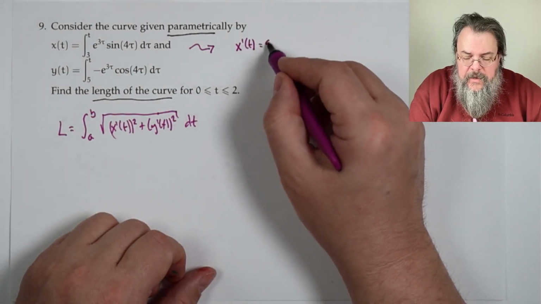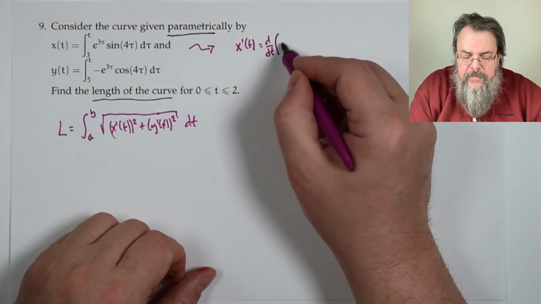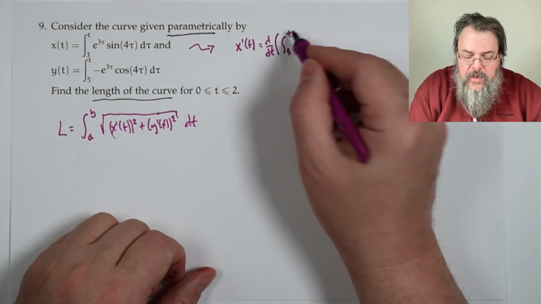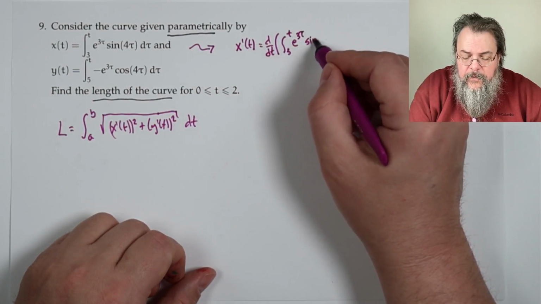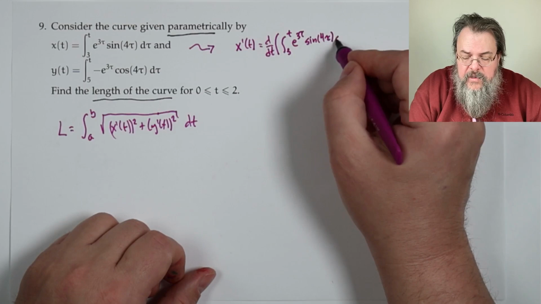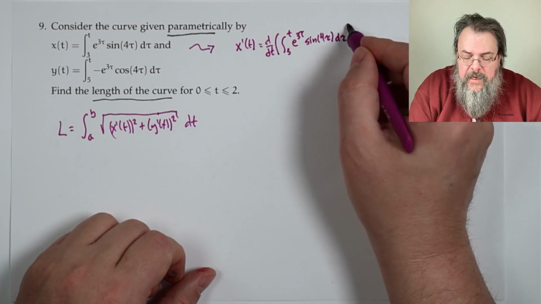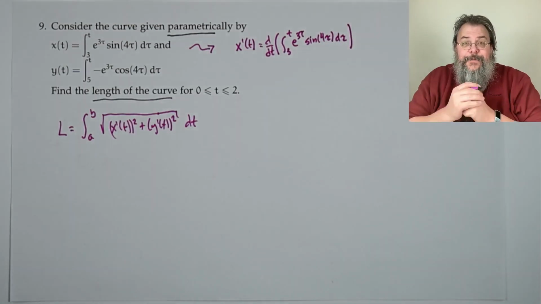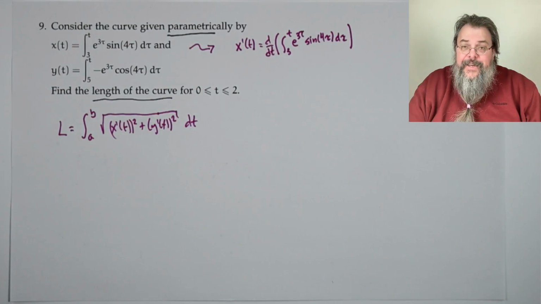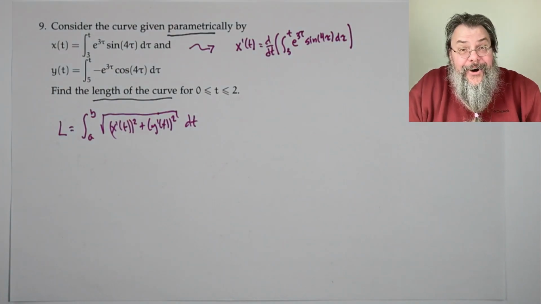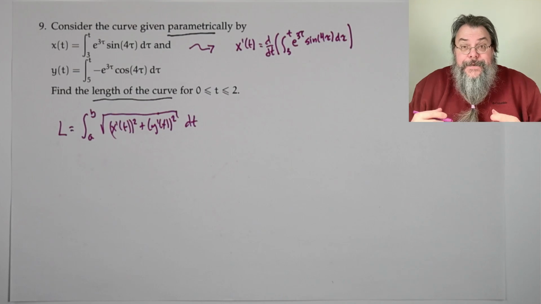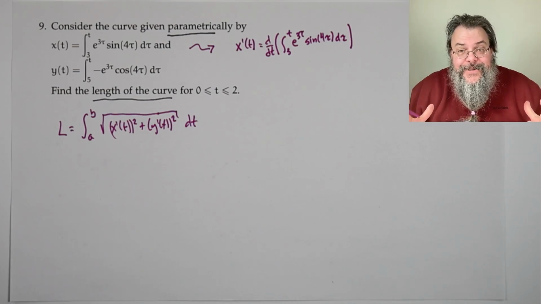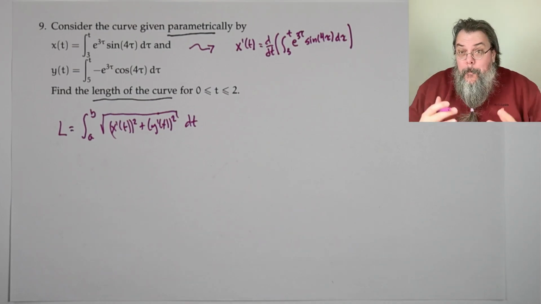Well, that's the derivative of the integral from 3 to t of e to the 3 tau sine of 4 tau d tau. Now, can we take that derivative? Is there any tool at all available to us? Something that might be very fundamental to the subject of calculus.